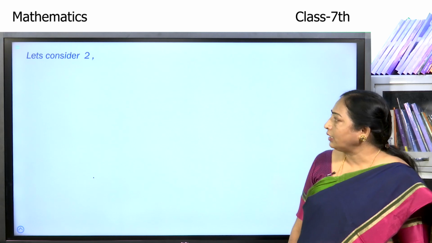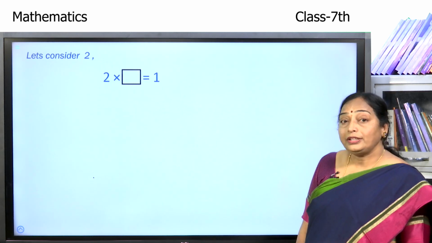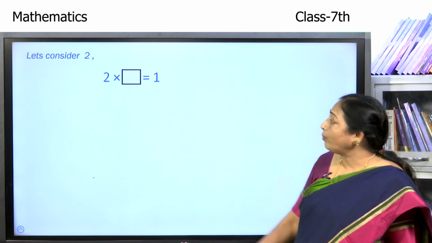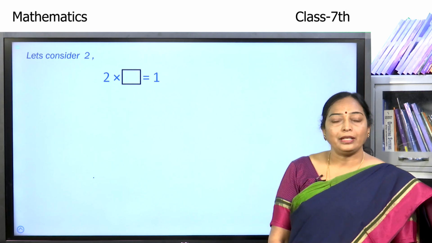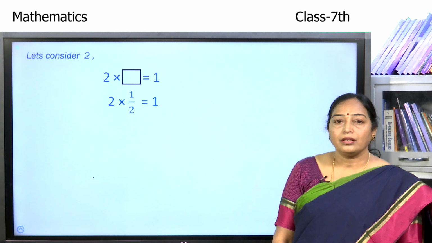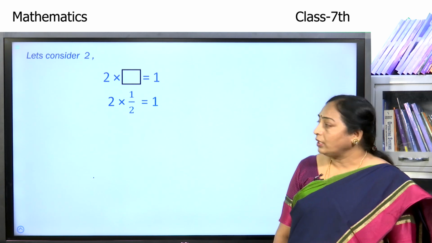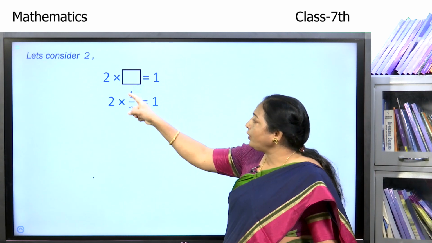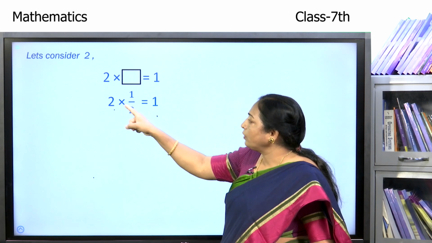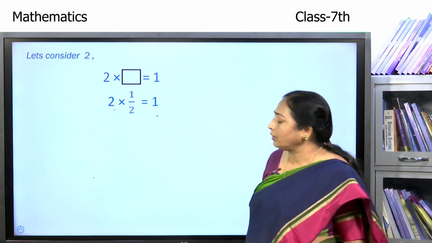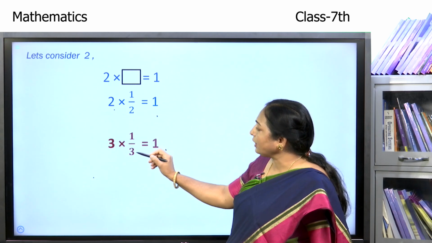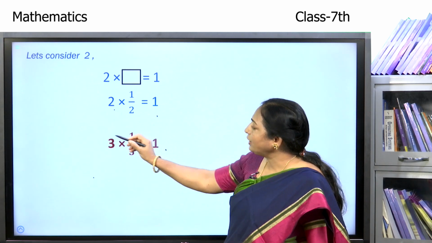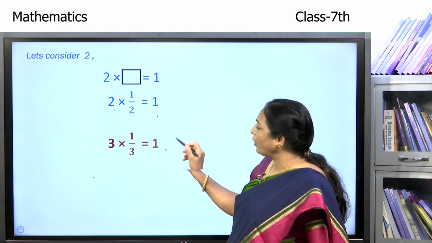Let us consider the number 2. What should be multiplied by 2 to get 1? 1 by 2. If you multiply 2 by 1 by 2, we will get 1. Likewise, if you multiply 1 by 3 with 3, we will get 1.